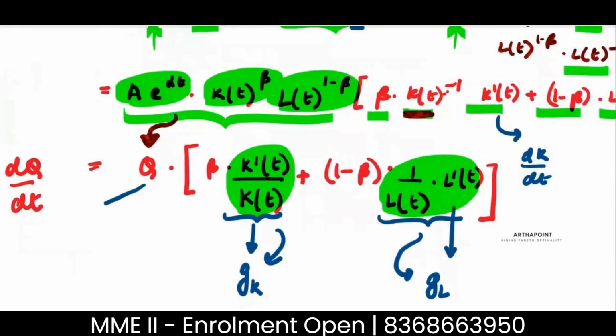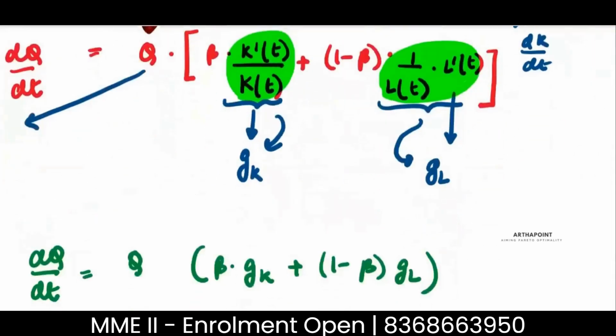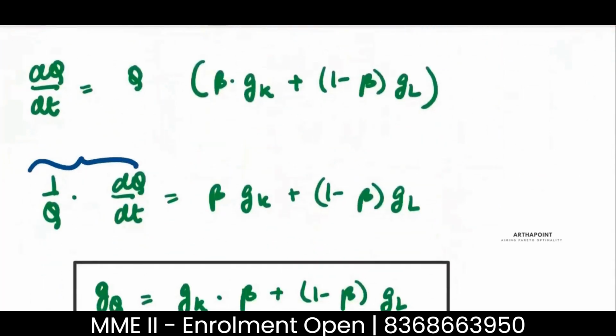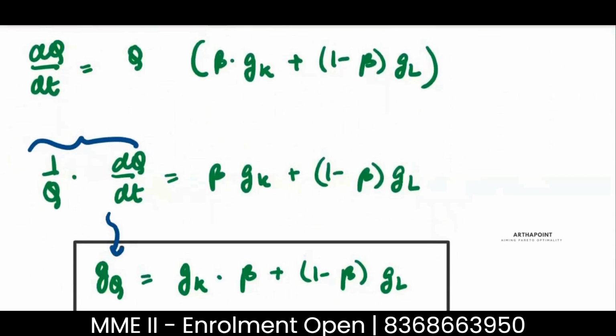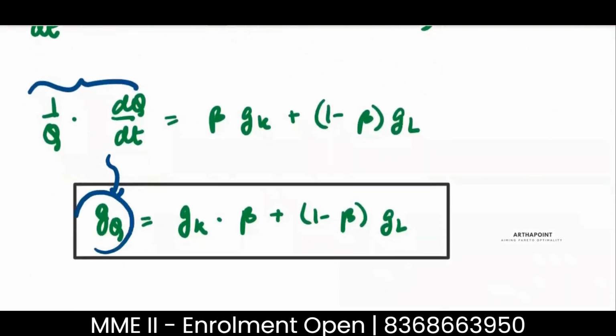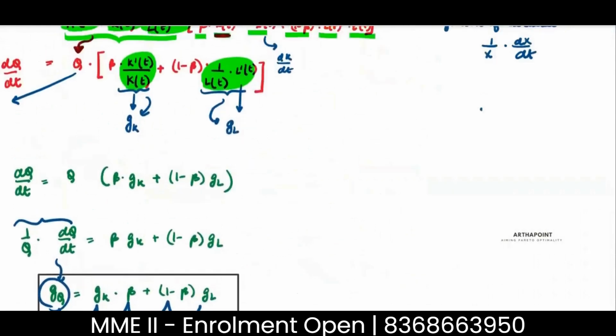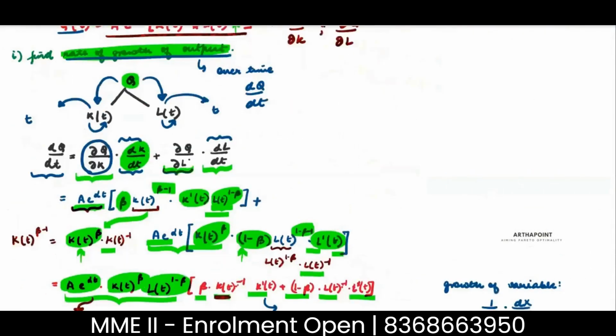And if I take this Q on the other side, this becomes the growth of output. So I get growth of output is equal to GK, growth of capital into beta, plus 1 minus beta, growth of labor. So this is how you can go ahead and solve this question.